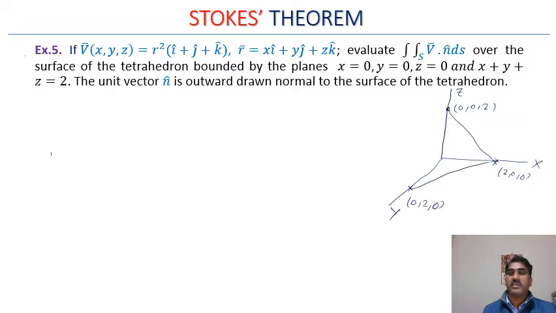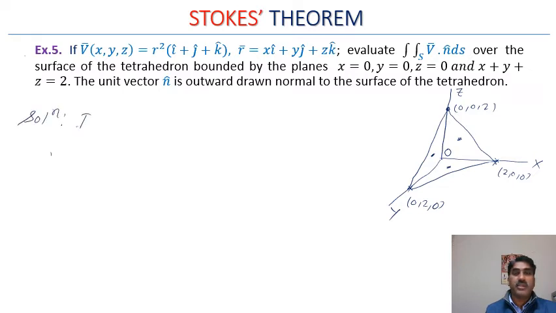So this is how our tetrahedron looks. This is the origin. The tetrahedron has four faces: one on the xz plane, one on the yz plane, one on the xy plane, and a final triangle that is the front face. You have already done a lot on this type of structure. So let us start finding our solution.